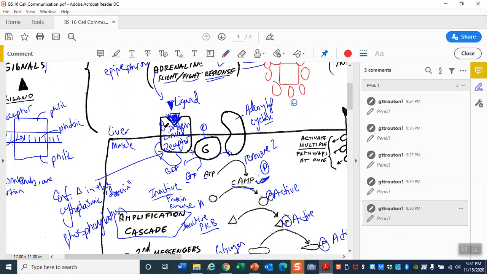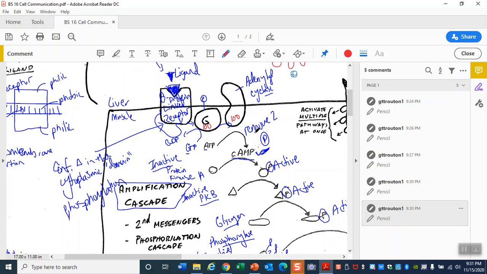So in terms of the actual numbers, one activated G protein linked receptor, just one, can activate 100 G proteins. That in turn can activate 100 adenylyl cyclases. One adenylyl cyclase can catalyze the reaction between ATP and cyclic AMP 10 times.